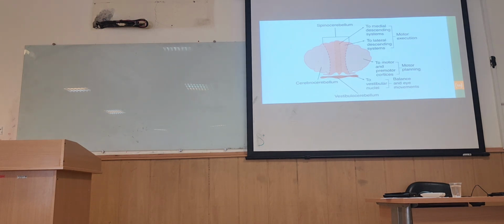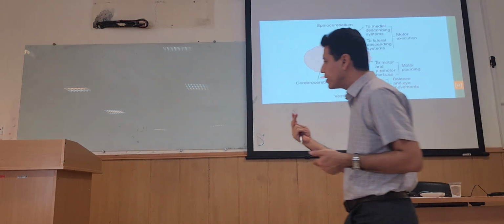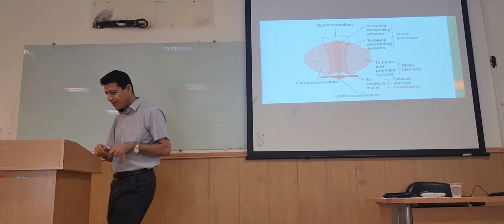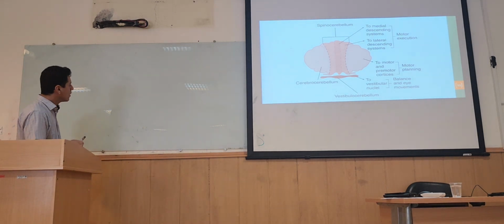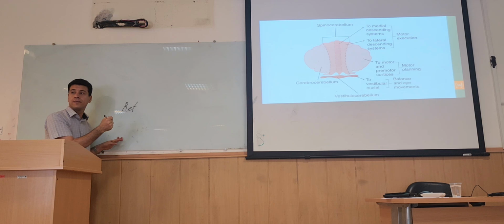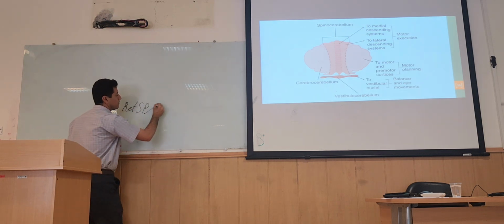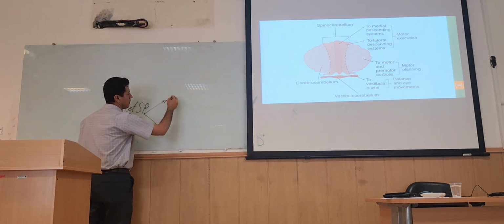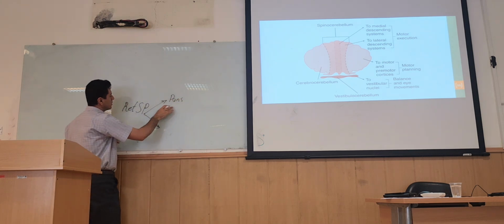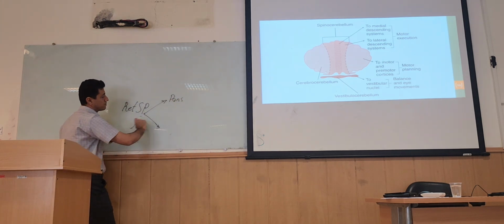We have two reticulospinal tracts. One originates from one area, the other one originates from another area. Reticulospinal has two parts. One that originates from pons, we call this pontine reticulospinal.